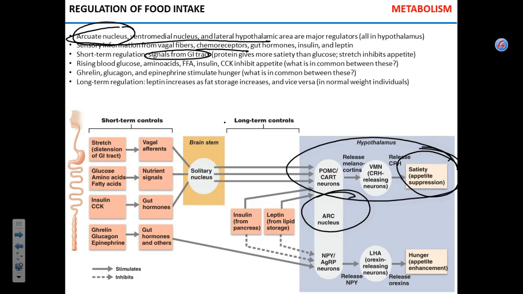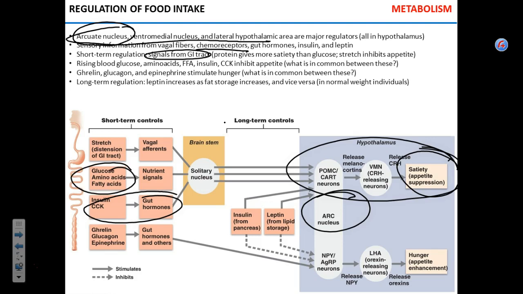Elevated levels of glucose and amino acids in the blood, elevated levels of free fatty acids, all of it is associated with the consumption of food, right? Elevated levels of CCK, cholecystokinin, secretin, insulin, all of it inhibits appetite as well. So we're talking about hormones and, of course, chemical inputs like this.